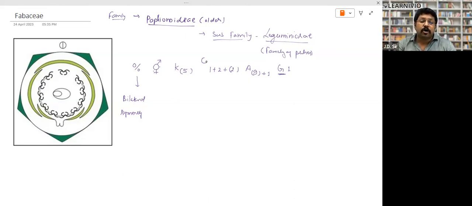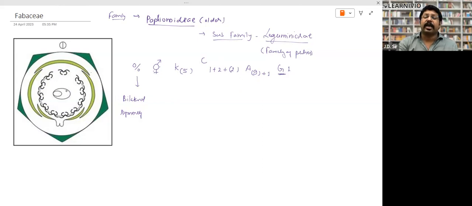What is the aestivation? Corolla 5, 1 plus 2 plus 2, gamo, means this is vexillary aestivation. Androecium 9 plus 1 means diadelphous condition. They are in two groups. Look, there are 9 fused and one single. Gynoecium 1 and ovary superior.